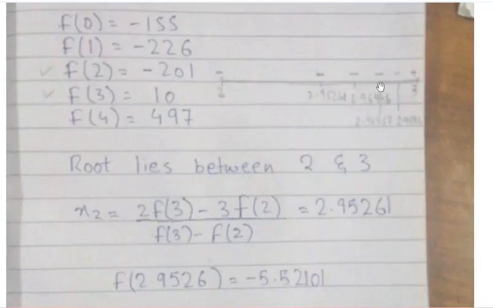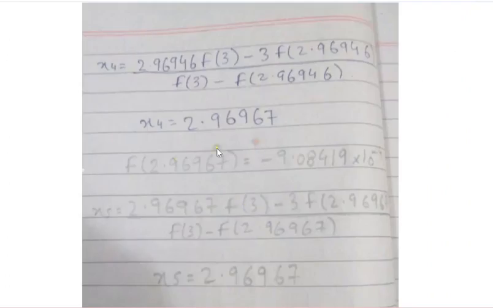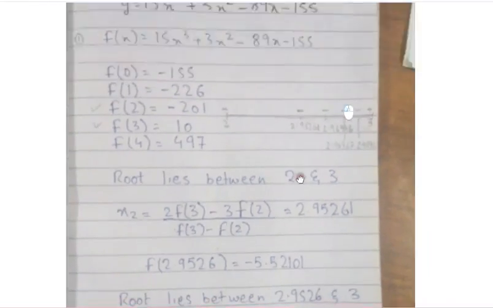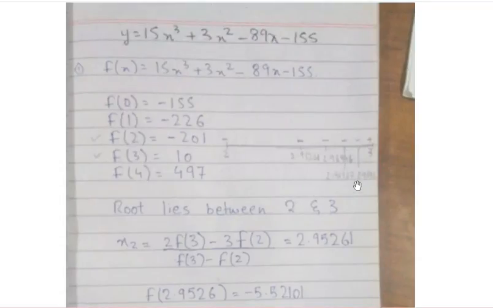It was a negative value, so our root again lies between a negative and a positive, so our root lies between these two, 2.96967 and 3.